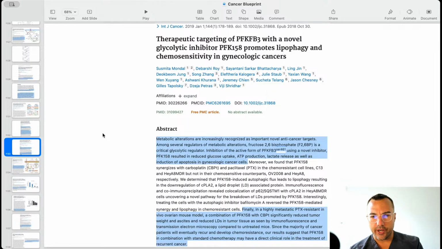Among several regulators of metabolic alterations, fructose 2,6-bisphosphate is a critical glycolytic regulator. Inhibition of the active form of PFKFB3 using a novel inhibitor, PFK158, resulted in reduced glucose uptake, ATP production, lactate release, as well as induction of apoptosis in GYN cancer cells.